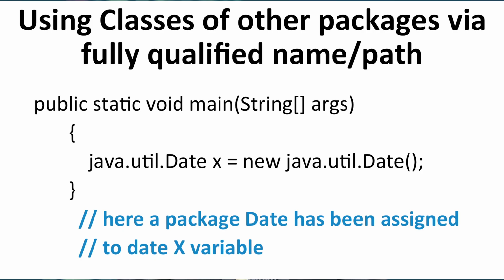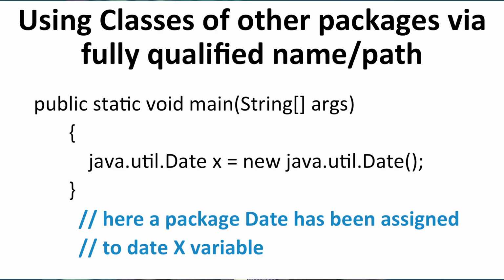public static void main(String[] args), like we usually do. Then java.util.Date x = new java.util.Date(). Here an object of the Date class has been assigned to the variable x. So what is x? x is a variable of type Date.